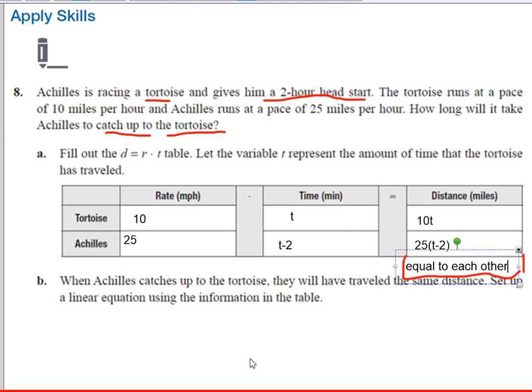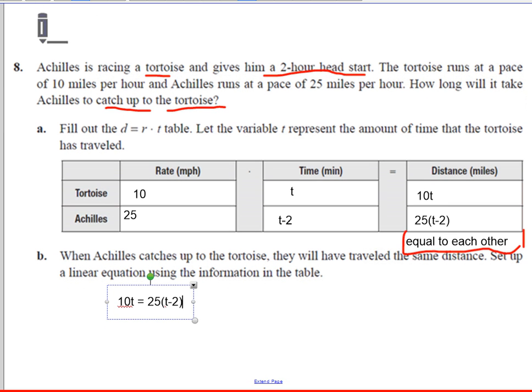And that's what it tells us in part B. When Achilles catches up to the tortoise, they will have traveled the same distance. Set up a linear equation. So again, the distance for the tortoise, which we represent as 10t, has to be the same amount as the Achilles distance, which is 25 times the difference of t minus 2. So that is our equation. And so now we need to solve it.